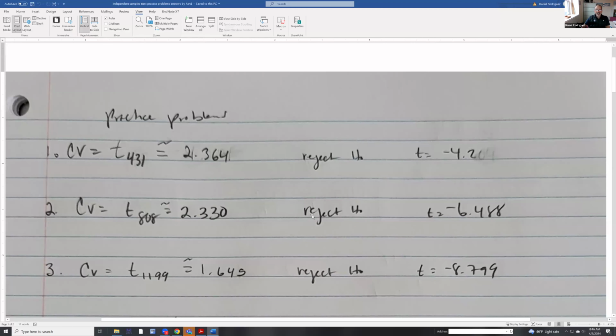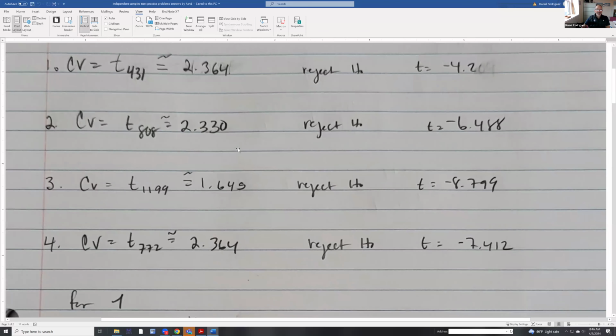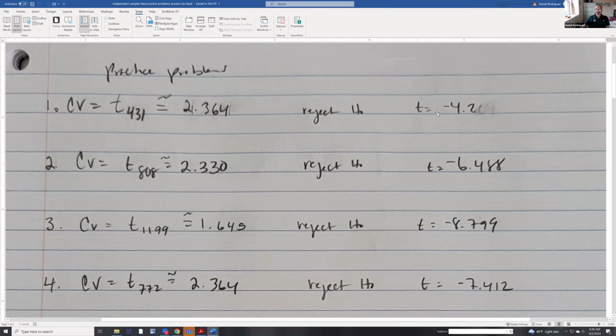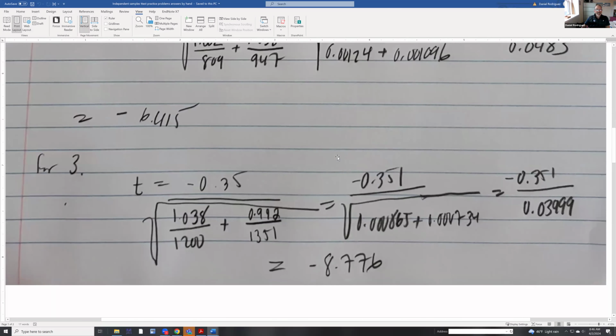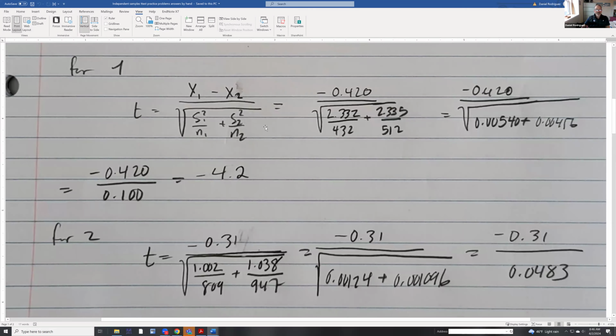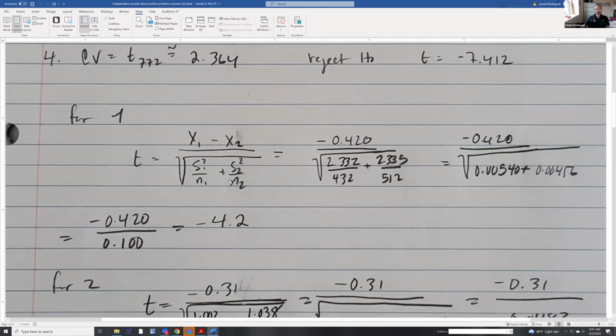So that's how I arrived at my critical value. So you can take a look at that. I also just talked about the conclusion was to reject it. And here's just a reminder, this is our equation. You have to square the standard deviations to get the variances and do all the work. We got minus 4.2 here, which is larger than our critical value.